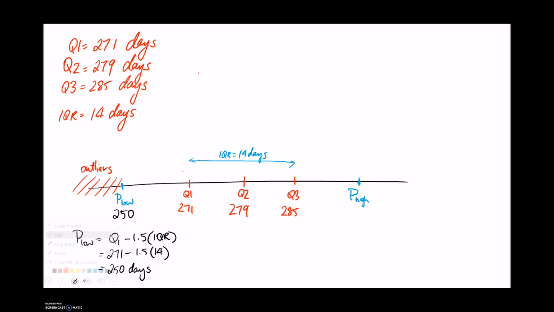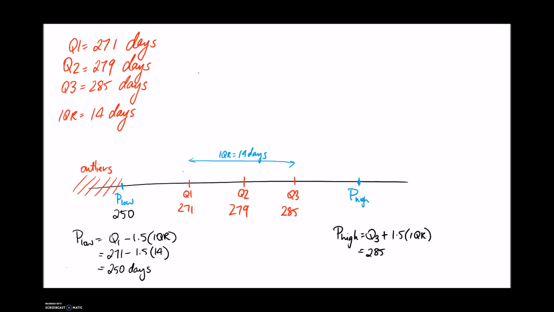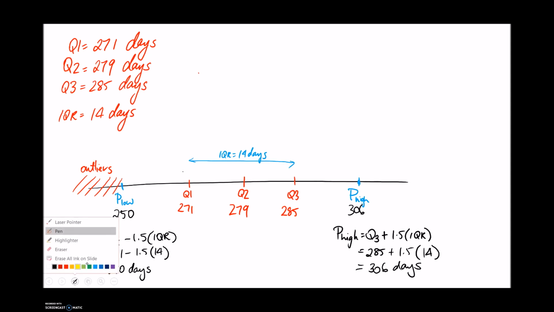This time, the point where we cross into outliers is above Q3, and it needs to be again 1.5 times the interquartile range bigger. So if we substitute in, it's 285 for Q3 plus 1.5 times the interquartile range we decided was 14. This works out to 306 days. So that's where that sits, and again, anything above that is going to be considered an outlier.